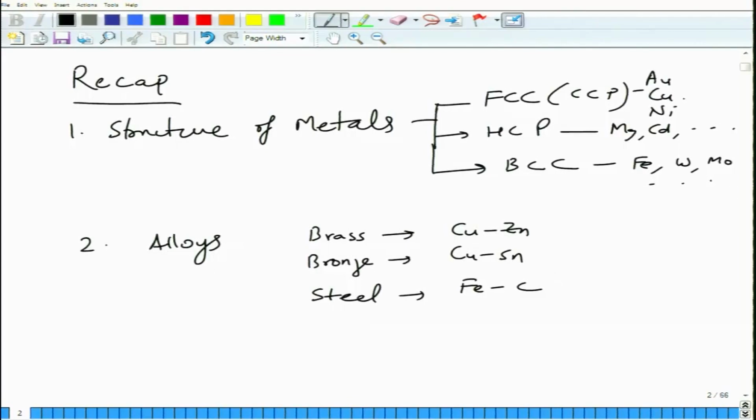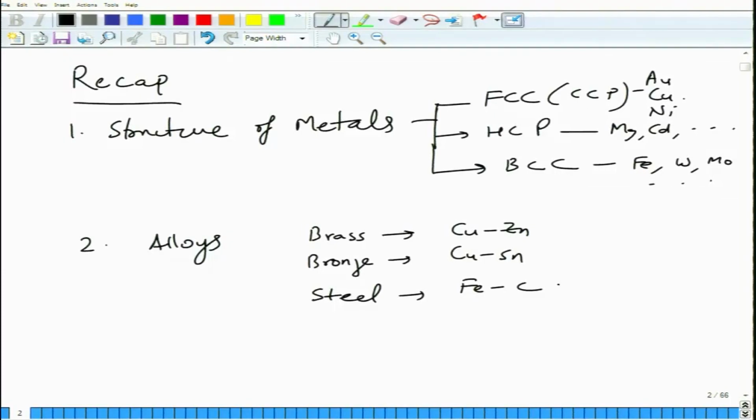These are three famous examples of materials that we use in regular applications. So where do these atoms go? For example, where does zinc go, where does tin go, where does carbon go? It is determined by the size of the atom, by the size difference between the host lattice and the impurity atom, by the valence difference, the structural difference, and so on and so forth.